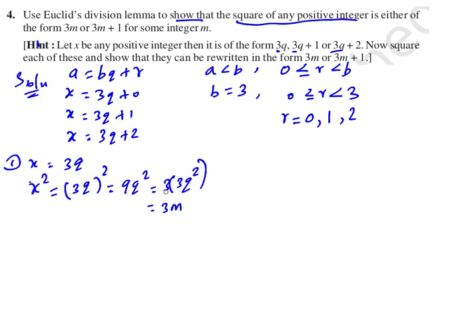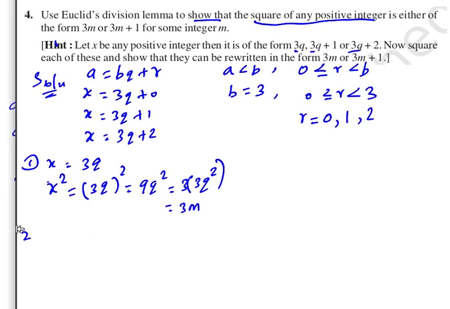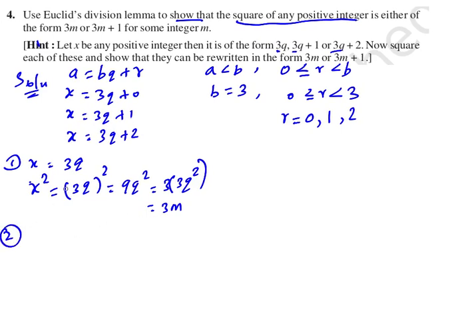If we take 3 common outside, 3 times 3q square. This 3q square, if we consider it as m, it is in the form of 3m. So, this x square is in the form 3m. Next, we take the second condition. What is the second condition?